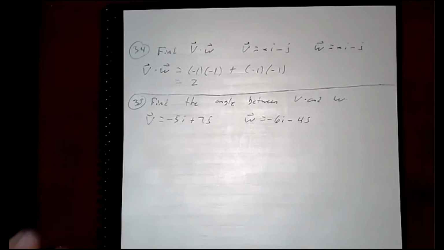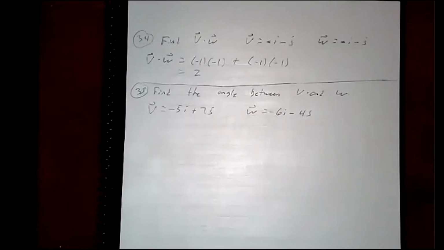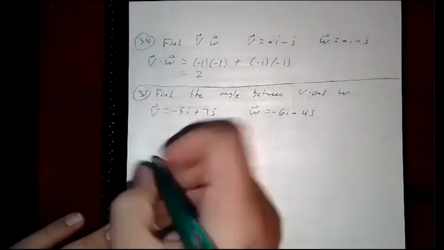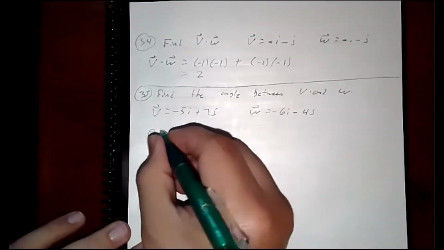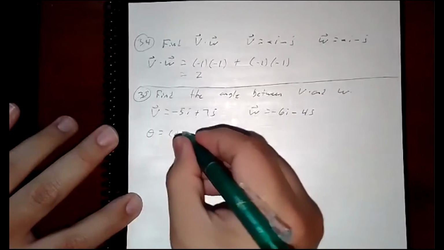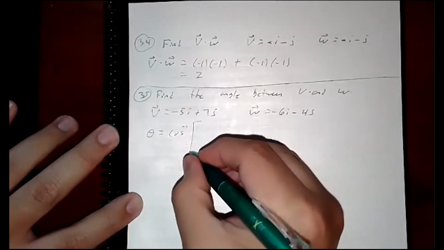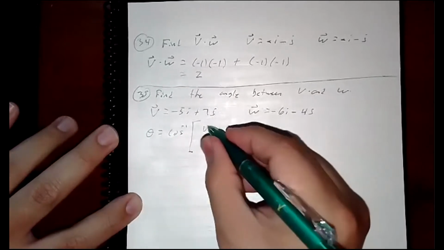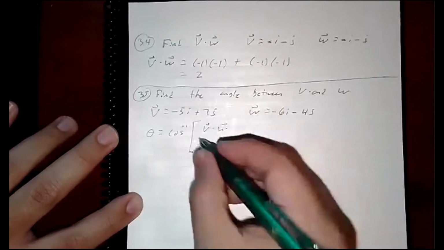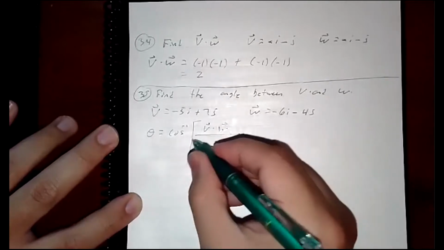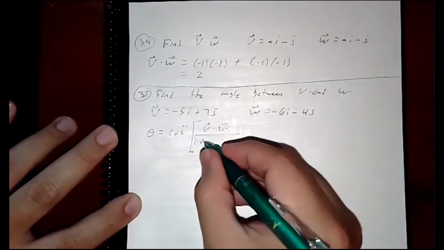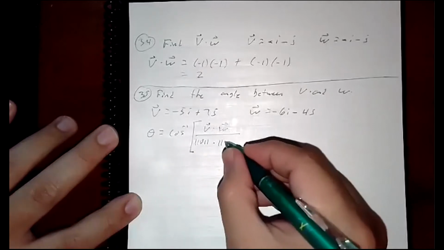So the formula you're going to need is this guy here from section 10.5. The angle theta would be equal to the cosine inverse of the V dot W over the magnitude of V times the magnitude of W.